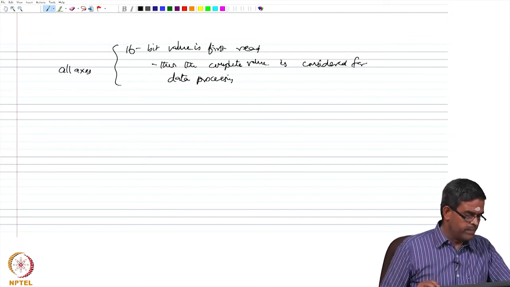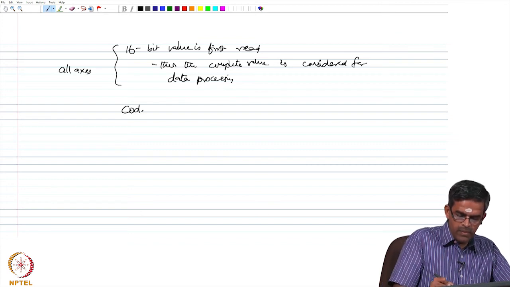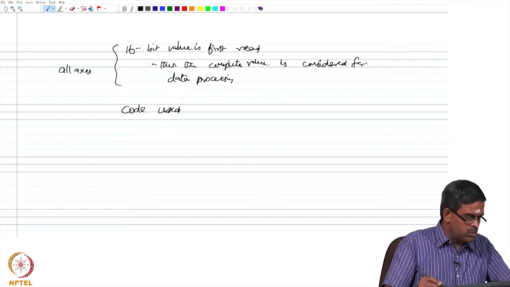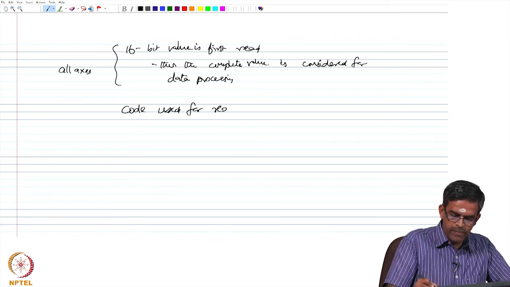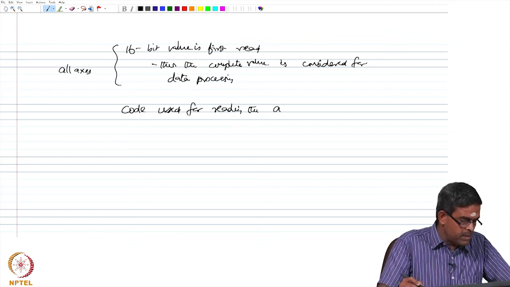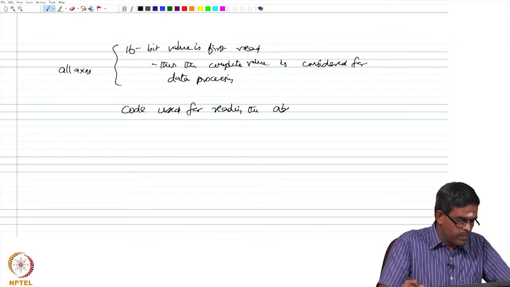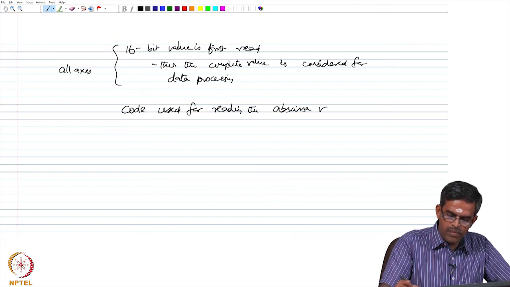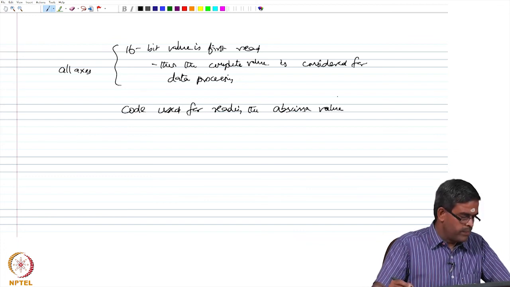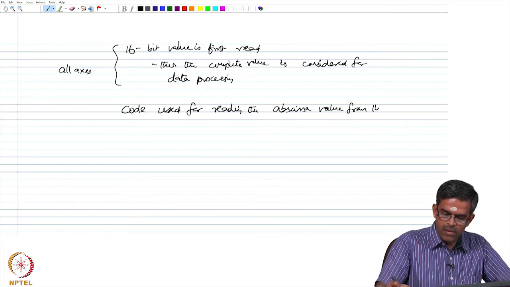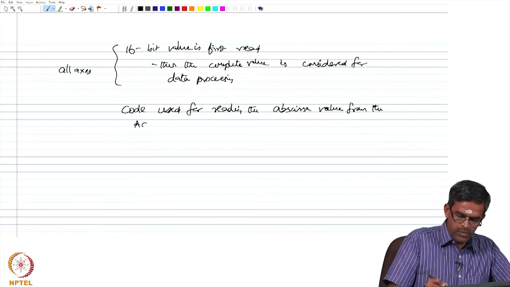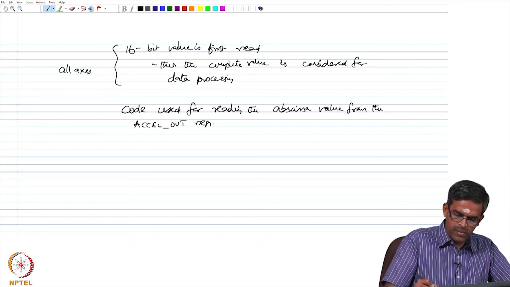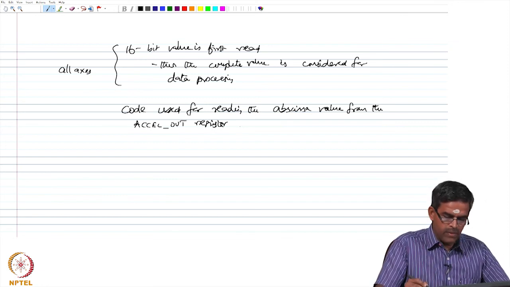Okay. Now, interestingly, the code used for reading the abscissa value from the acceleration output register is given below.